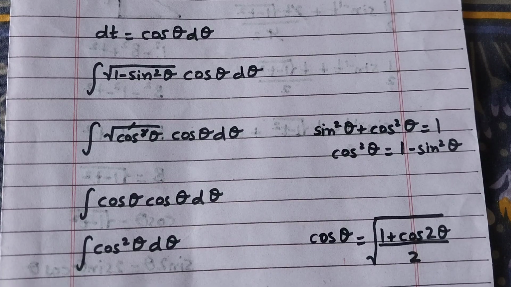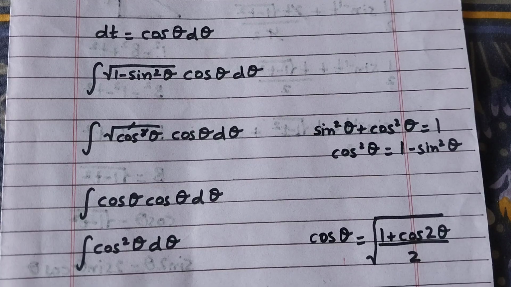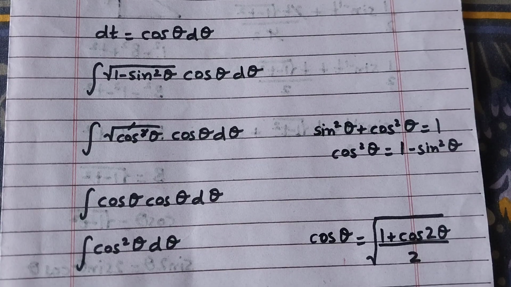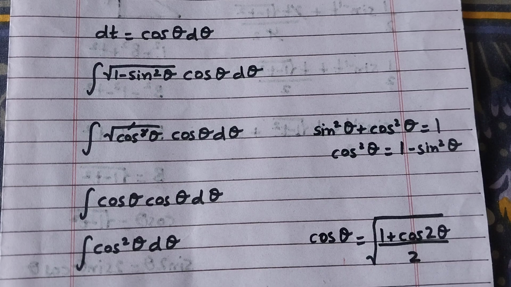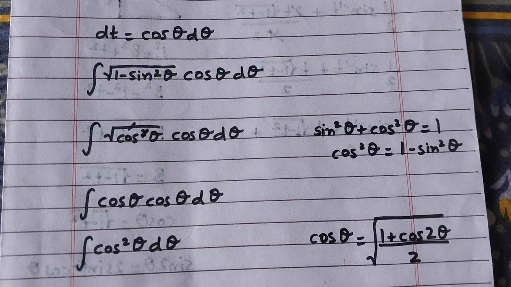So we can see that we have cos theta. So here theta is just 1 theta, cos 1 theta, and on the right hand side you can see that it has become cos 2 theta. So we will use this identity to integrate this cos square theta.